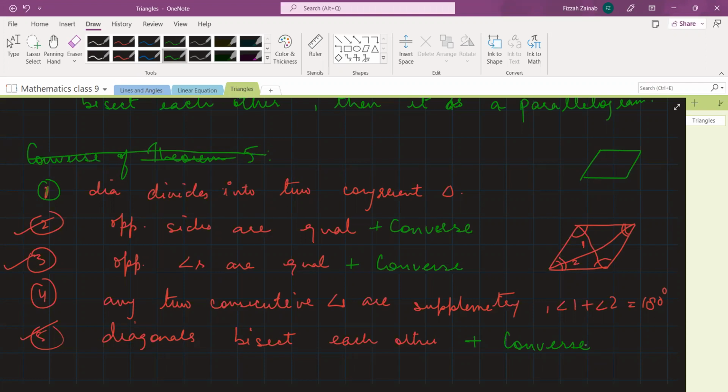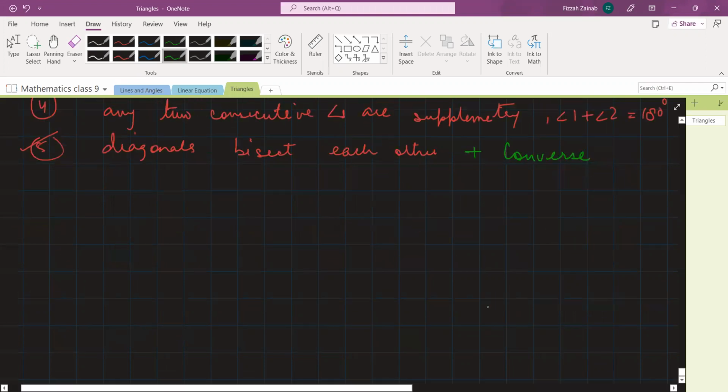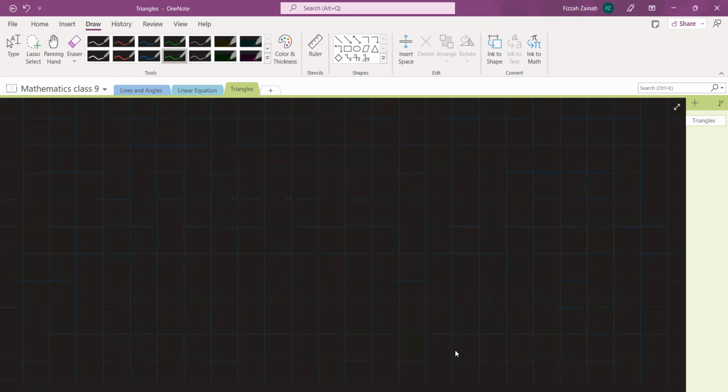Okay, then let us start with exercise 8.1 of NCERT. Let me just open it. Okay, there's one more theorem I left. After that, we will start the exercise.